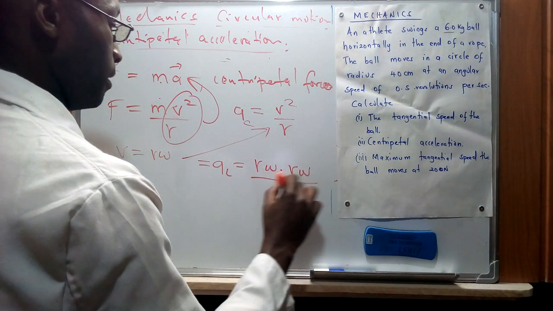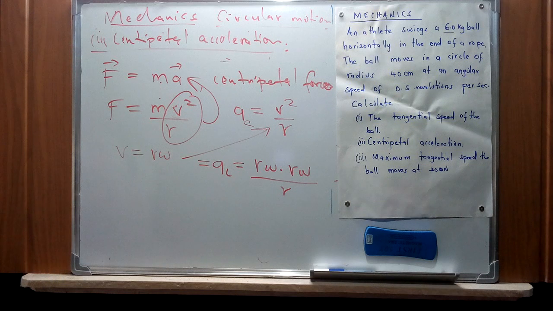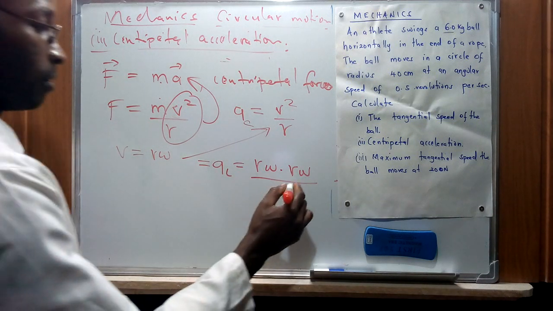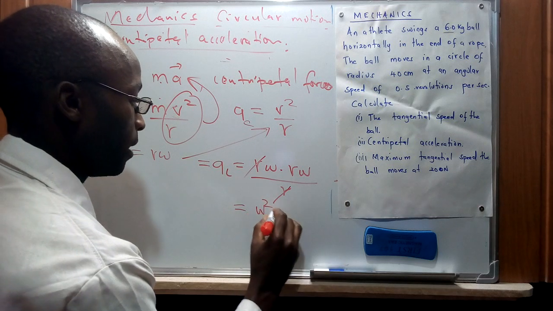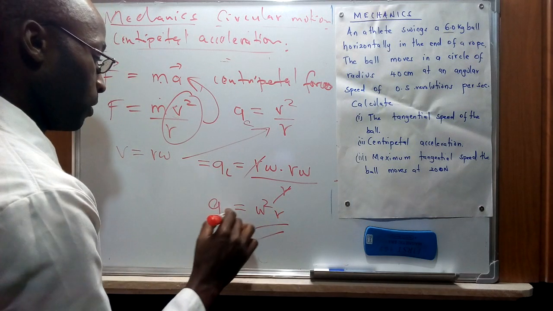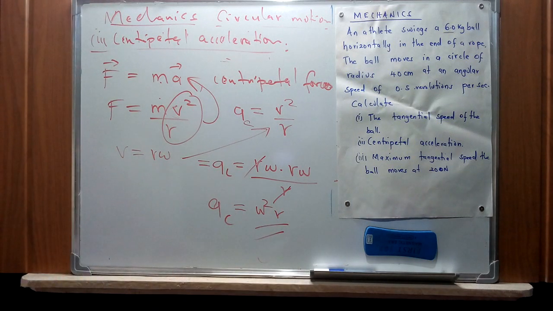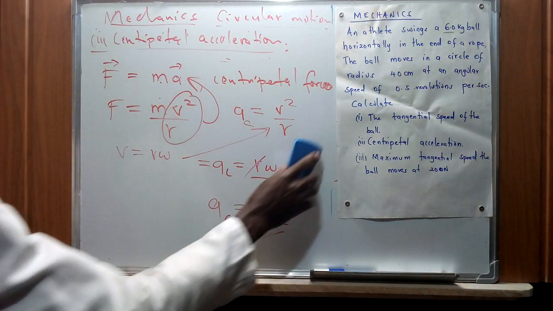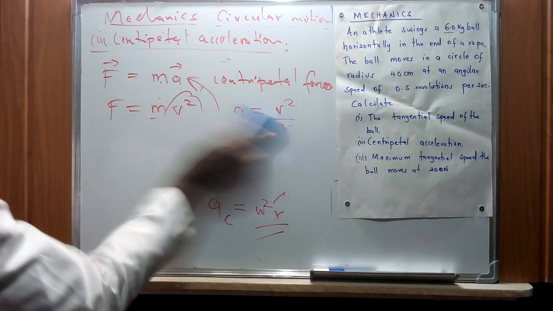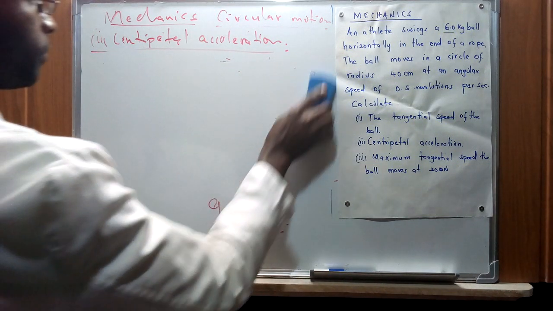Just split it like this for simplicity. So r omega squared, and then we do cancellation for one r, which will give us omega squared r. So centripetal acceleration for us will be given as omega squared r, and that one is going to give us a basis for finding the second part of the equation, which is centripetal acceleration. So we shall use that one.